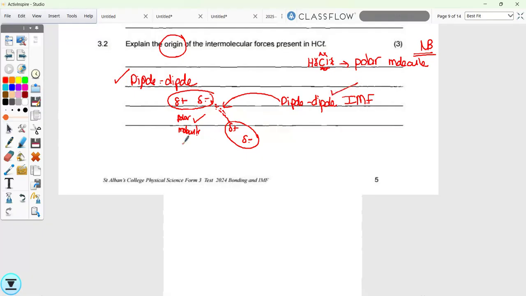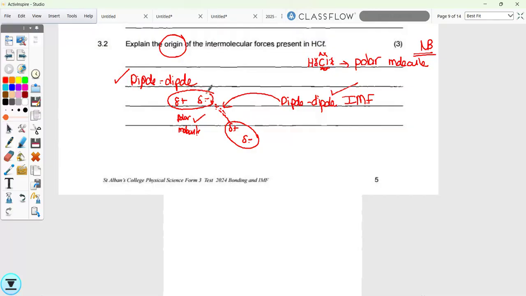Ma'am, do we have to support this answer with the diagram? You don't have to. You can say that it's a dipole intermolecular force because there is a permanent polar molecule that has a delta positive side and a delta negative side.